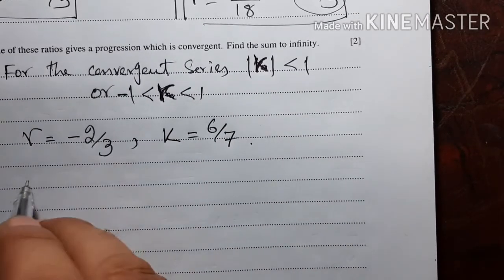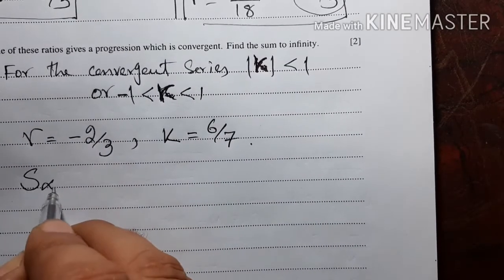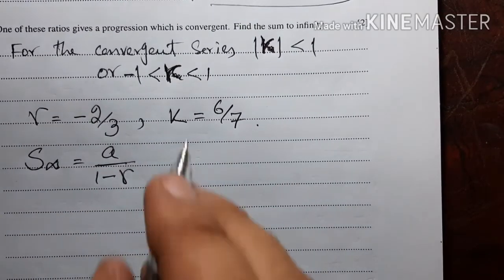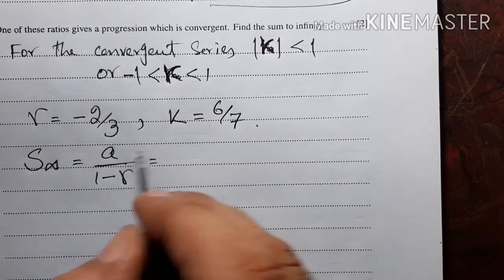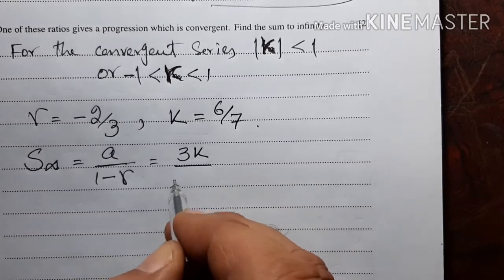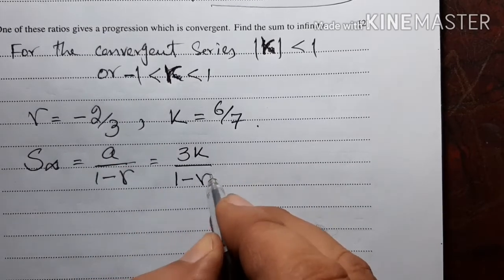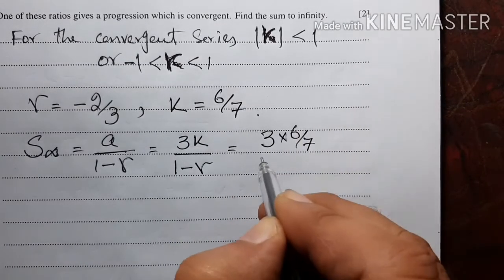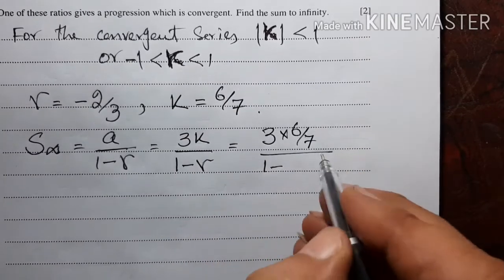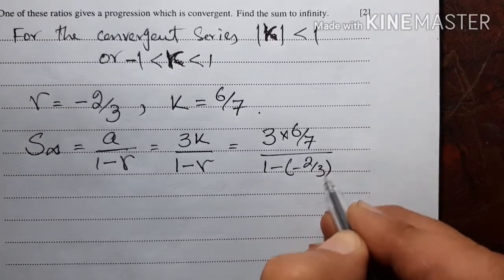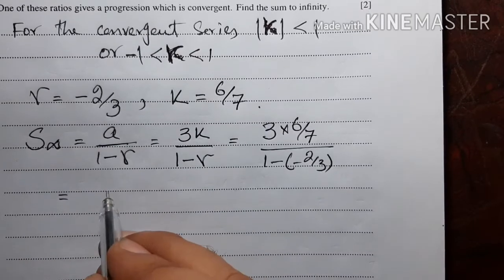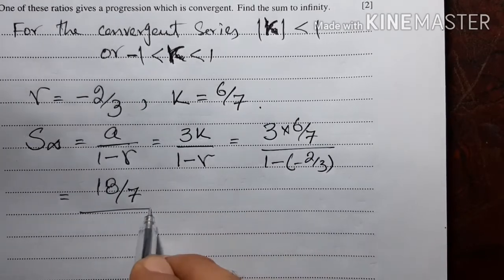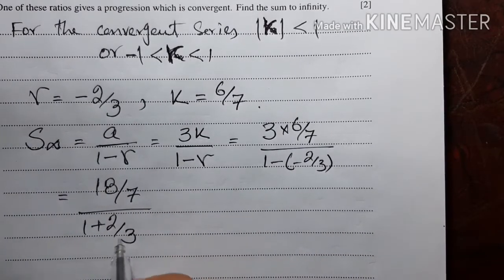So we know the sum to infinity formula is a over 1 minus r. So a is from part 1, a is actually 3k over 1 minus r. Put the value of k, 3 into 6 by 7 over 1 minus, put the value of r, minus 2 by 3. So this will become 18 by 7 over 1 plus 2 by 3.